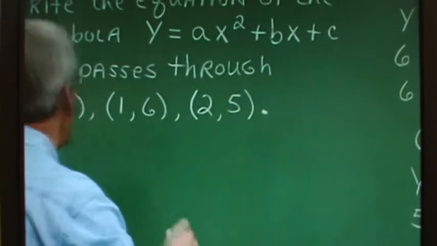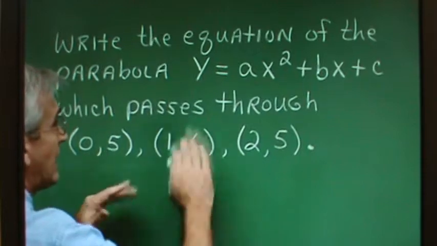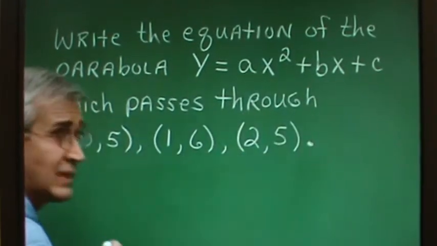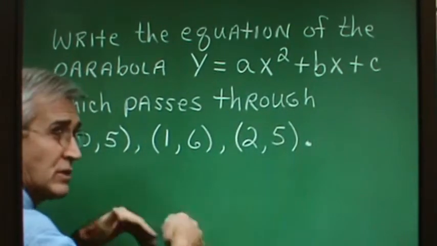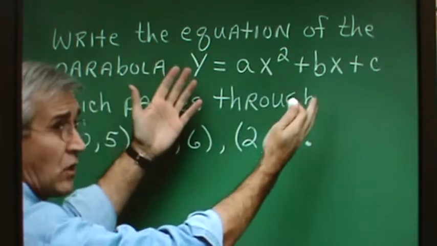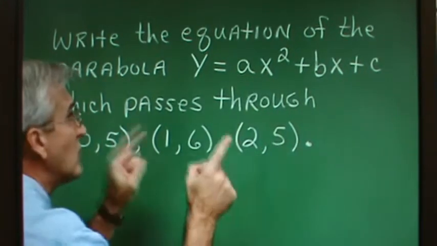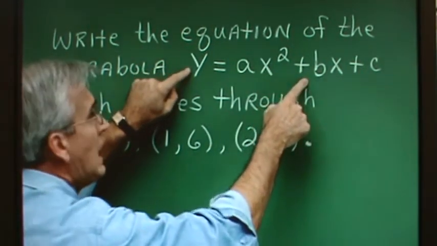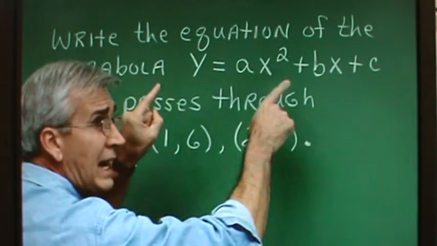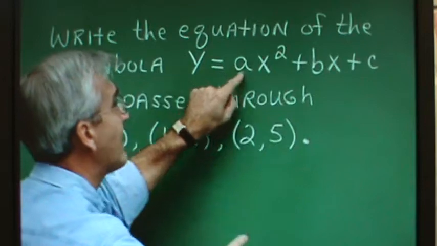Okay, here's what we do. We take the coordinates of these points, and we know that the relationship between equations and graphs is that the graph contains points, the points have coordinates associated with them, and the coordinates of those points will solve the equation. With that basic idea, we're going to plug these xy pairs into this model. When we plug in xy pairs, we're going to get as a result an equation involving a, b, and c.